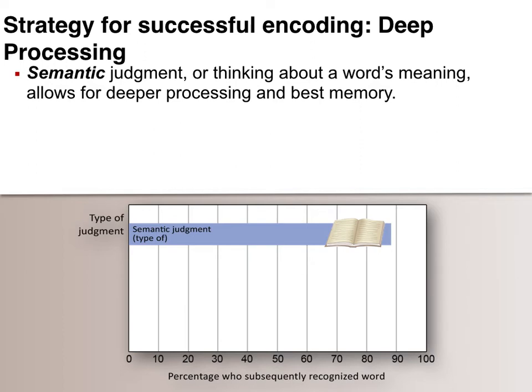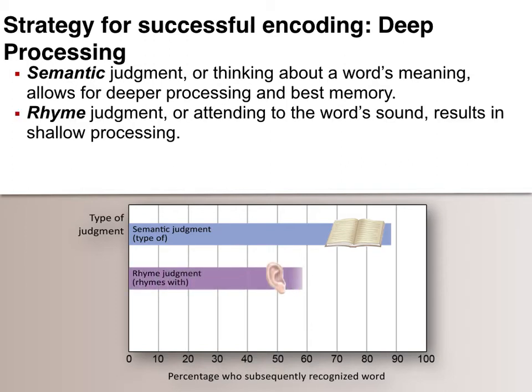So this was a research study where they were trying to recall words, recognize words. And when they thought about the word's meaning and made judgments about the word, when they made these semantic judgments, they recalled the words about 85% of the time.